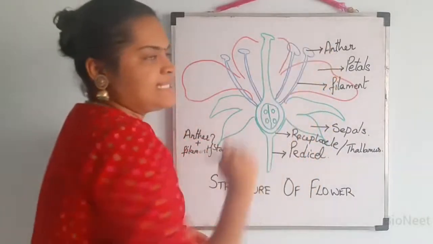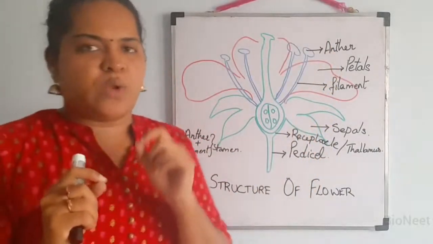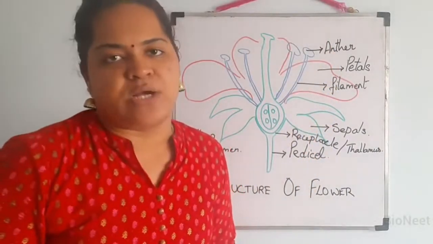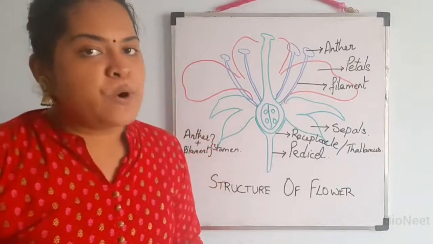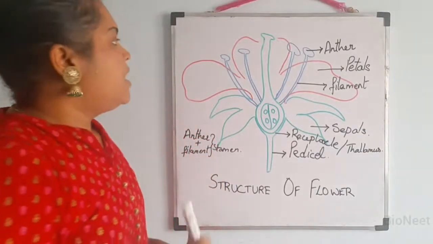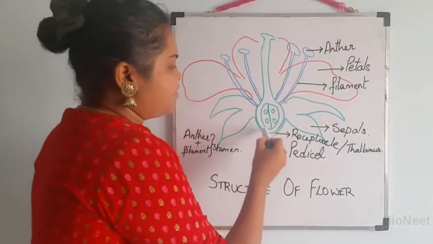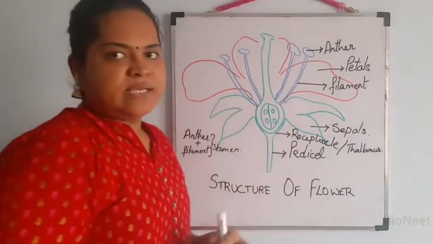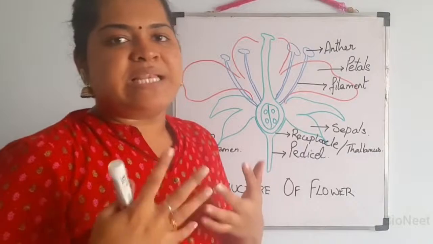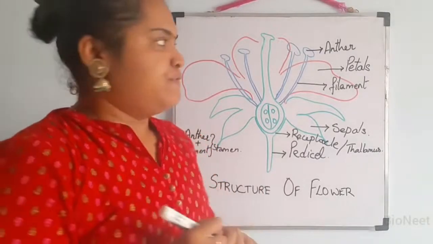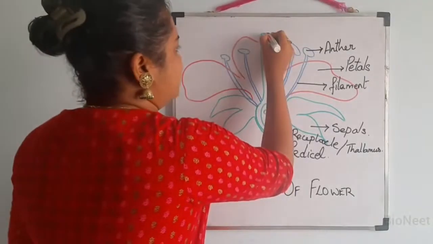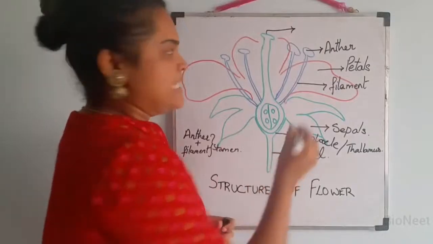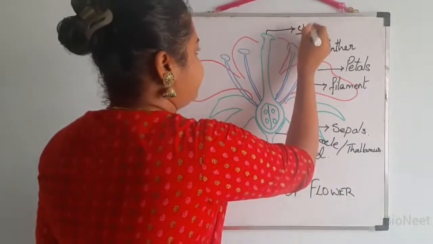Inside these anthers we have very tiny grain-like structures called pollen grains. Now, can you see a structure which is somewhat elongated and globular at the base? That is the female reproductive part of a flower. The topmost part is the stigma.